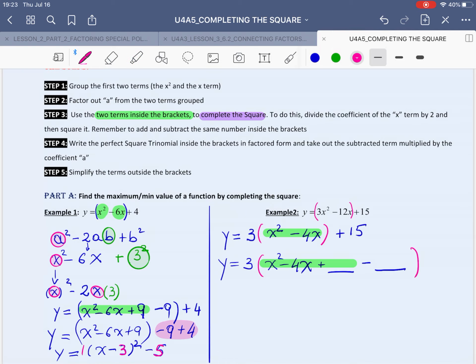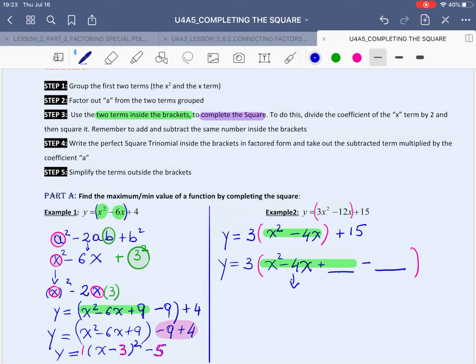Now I know the trick. If I want to figure out the missing term in here, my a is x, so this must be double the x times that missing term. Or as I mentioned before in the previous example, the value of b will always be half of the coefficient of x.